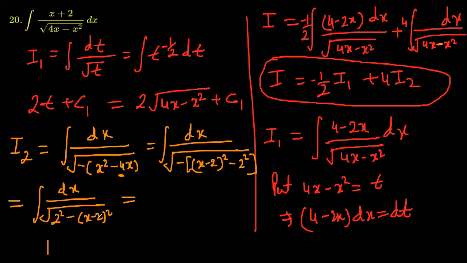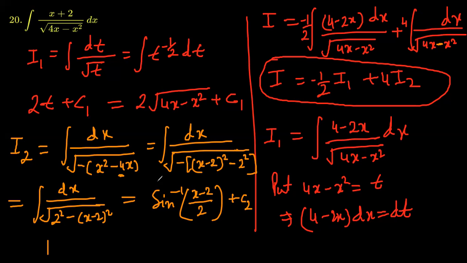So if you wish, you can put x minus 2 is equal to t, show a couple more steps, or you can directly write it also. You can directly write this as sine inverse of, in place of this t, we are saying x minus 2 divided by 2, and plus the constant we are using is C2.